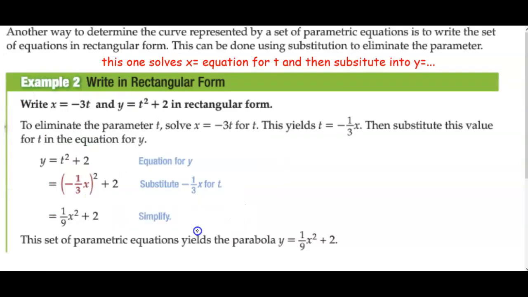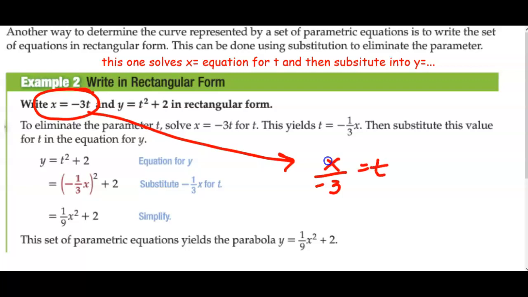All right. The other part of the lesson today is switching this from this form into rectangular form, or a form that only has x's and y's again. So what we're going to do is solve, and I usually look if there's one that's linear. Sometimes they're both linear, but this one is linear, meaning it doesn't have a squared. So I'm going to solve this one for t, which would make x divided by -3 equal to t.